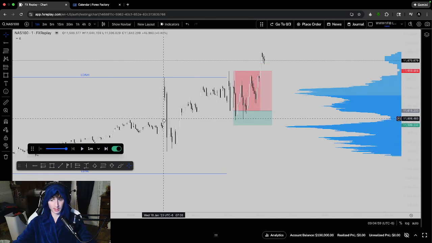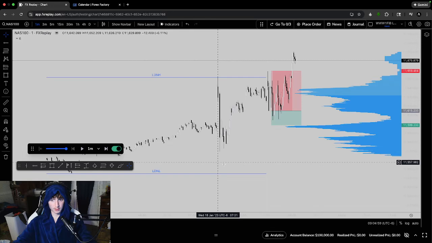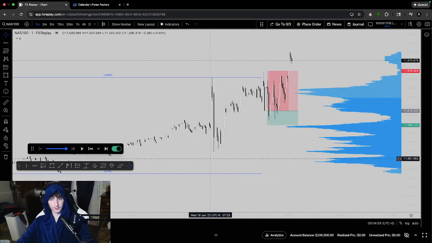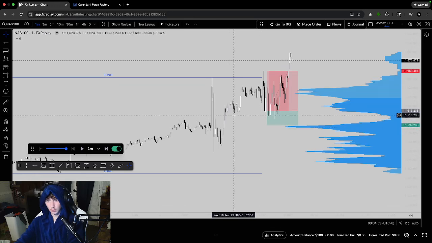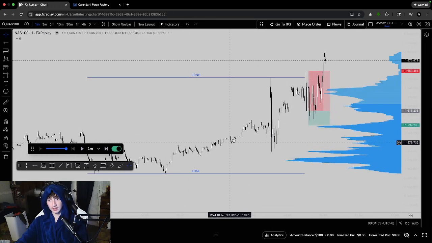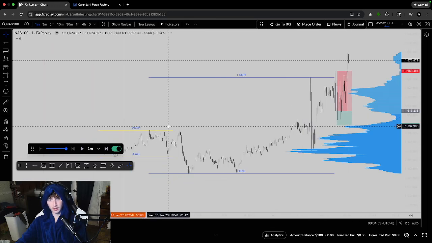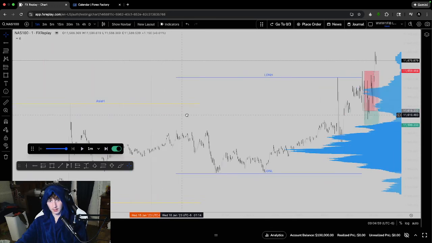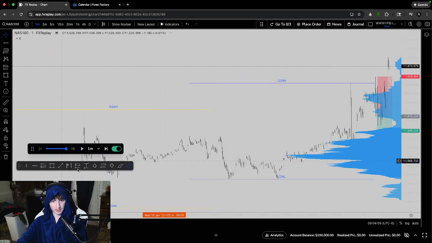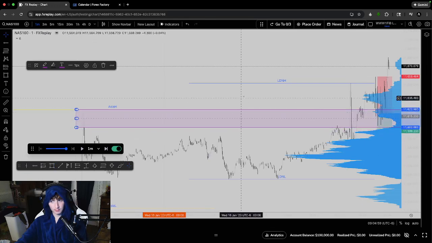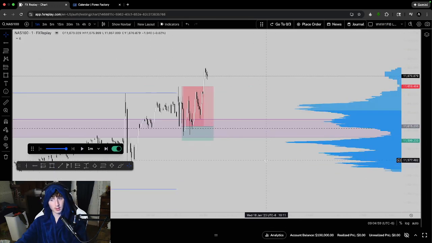I think we already did wick out the news data low. Wow, okay. Well, I was thinking this could happen because I don't know if you'll see this. There's this low volume node, and then there's this resistance right here. Here it is. Wow.